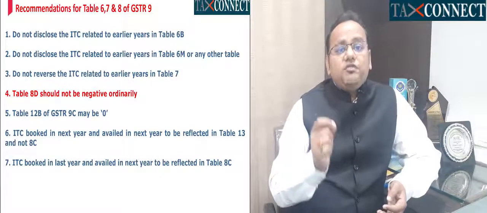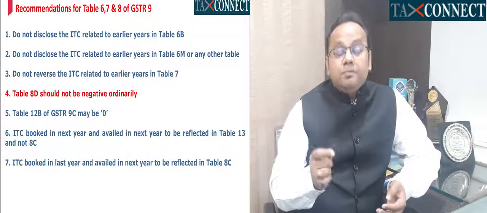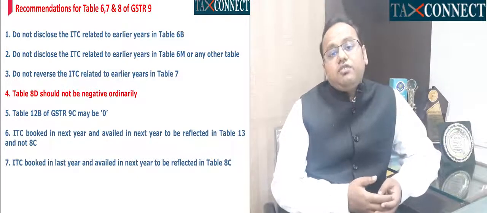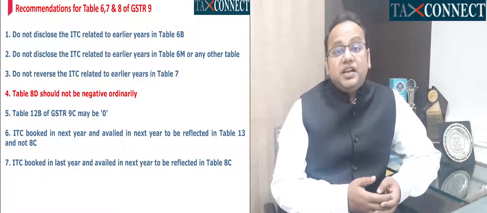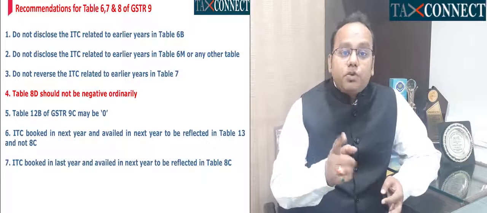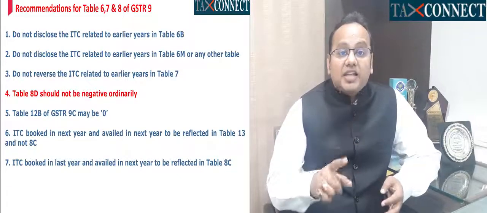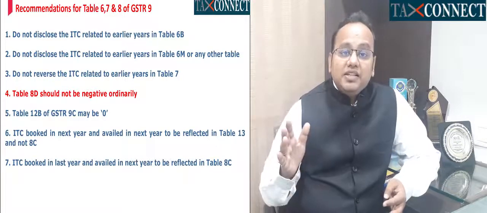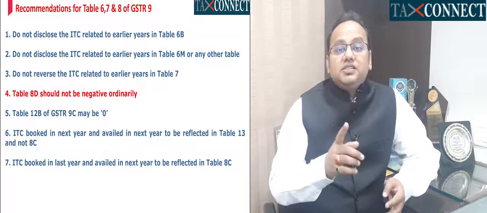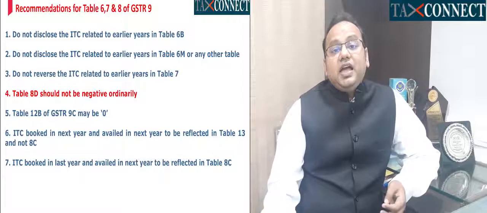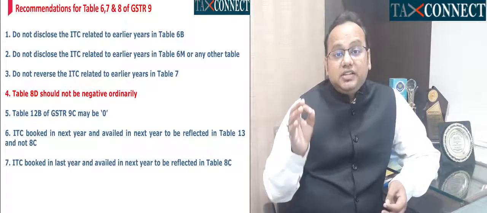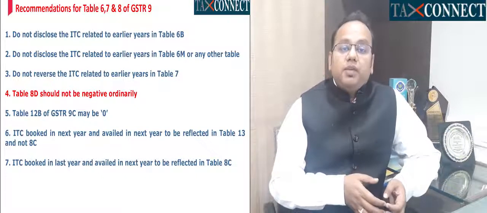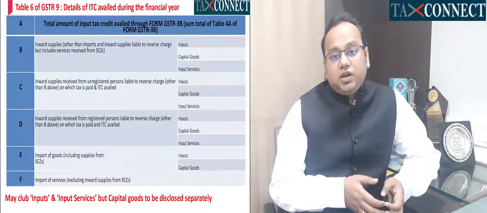This is a very important issue, friends, which we must all be very careful about while filing the GSTR 9 of 1920, because in case there is a negative figure now, there is no provision to attach the details of the calculations of table number 8 with GSTR 9C, which was available in 1718 and 1819, and that is why I say that this table number 8 of GSTR 9 of 1920 becomes all the more very important.